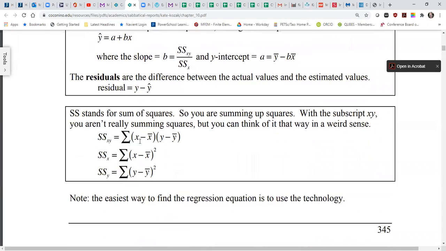This is the formula to find Sxy, which is the sum of x minus x bar times y minus y bar. SSX is the sum of x minus x bar squared, and SSY is the sum of y minus y bar squared.